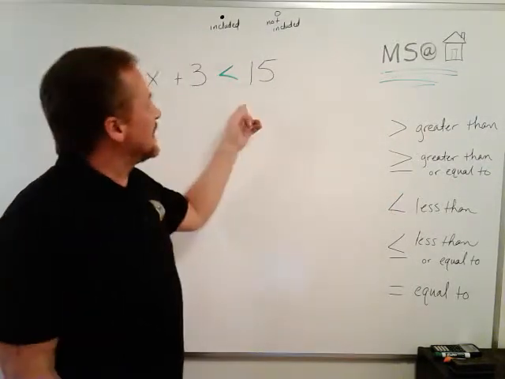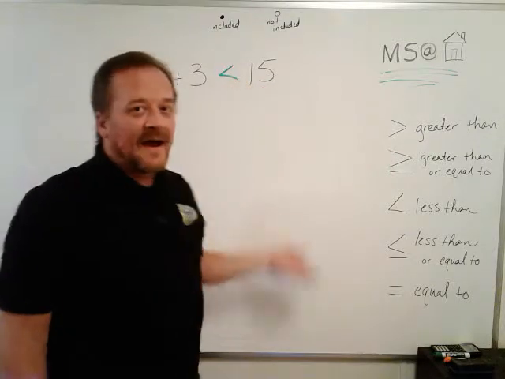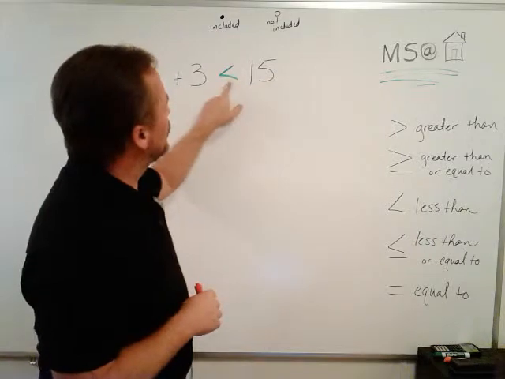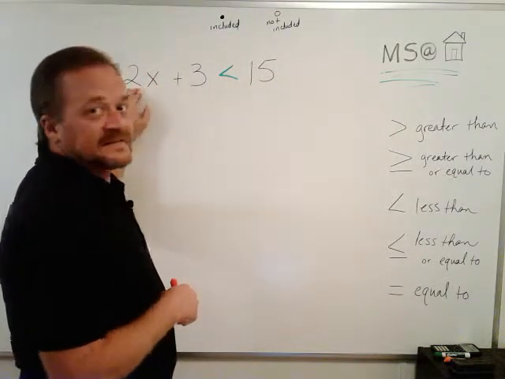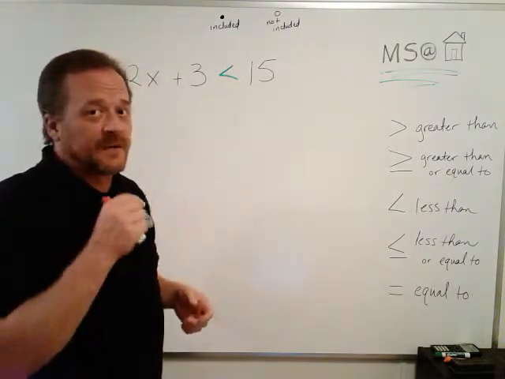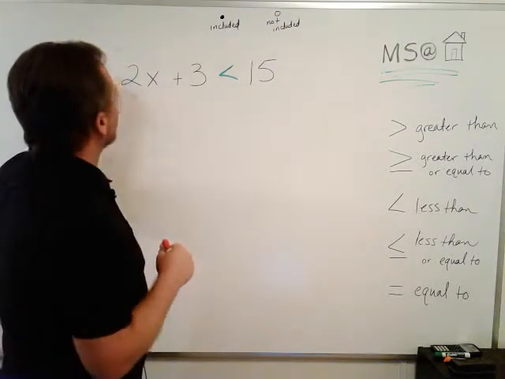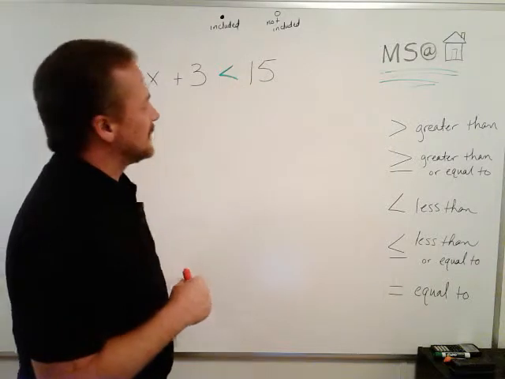Now what this is saying is that this side has to be lighter than 15, because 15 is worth more than all of this. So whatever x comes out to be has to work with the rest of the stuff on this side of the inequality to become less than 15.